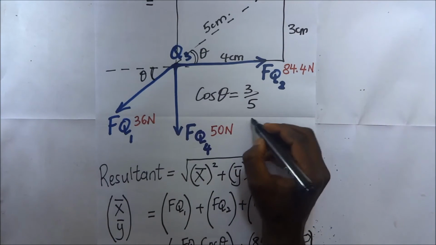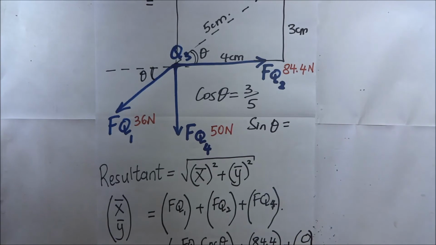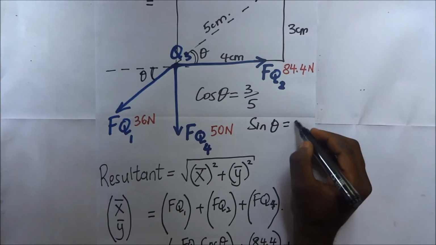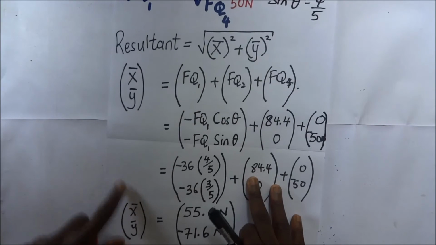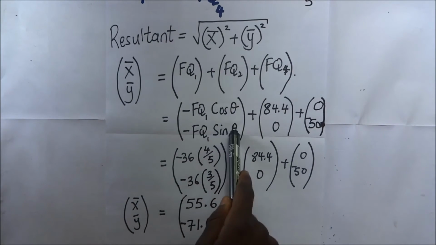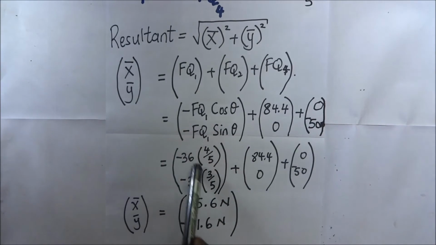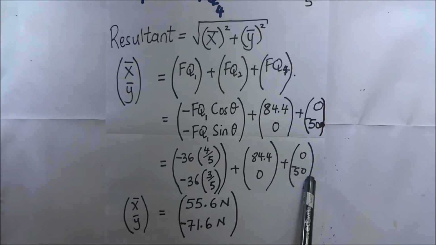And then the sine of theta is simply going to be adjacent, which is 4 over hypotenuse, which is 5. 4 over 5. And that's how we get the figures for which we substitute for this cos and this sine. So it becomes FQ1 is 36. So it's 36 times that, plus that, and this.